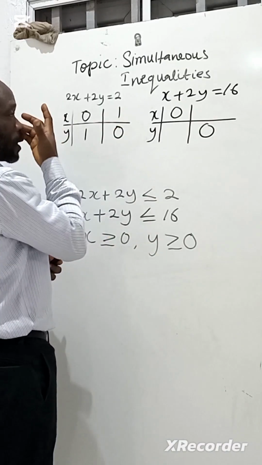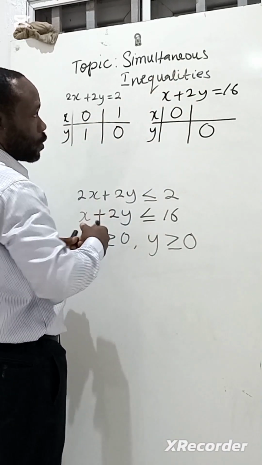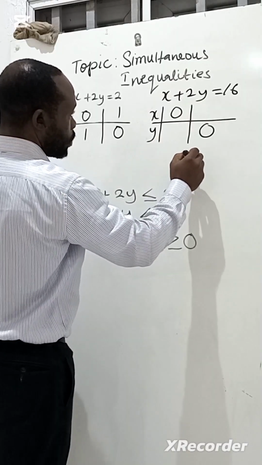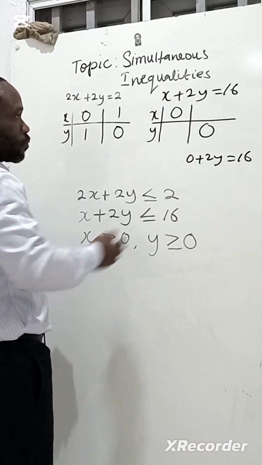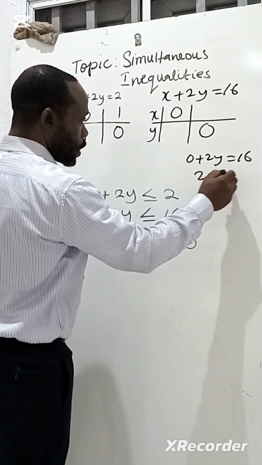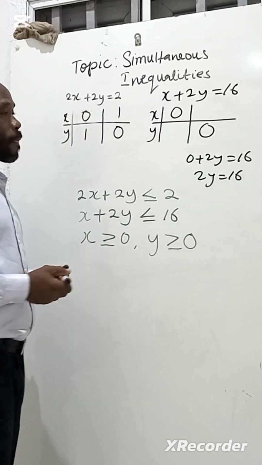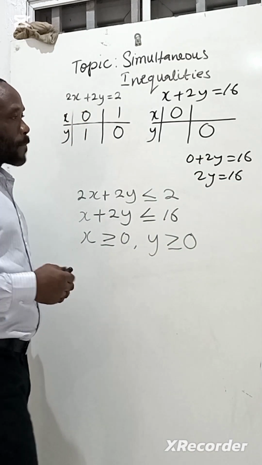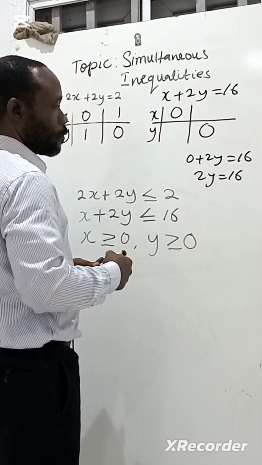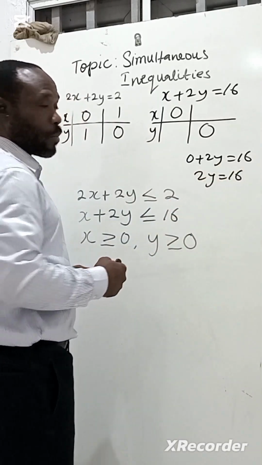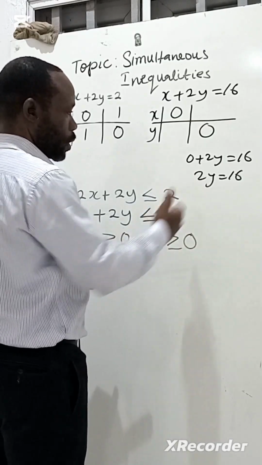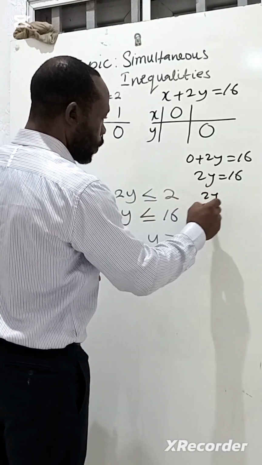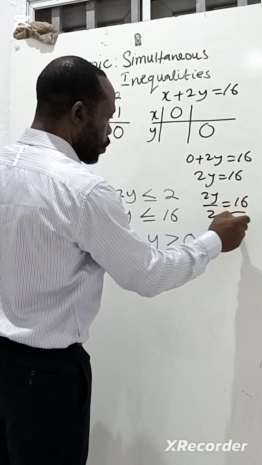So when x is equal to 0, the equation will become 0 plus 2y equals 16. This is the same thing as 2y is equal to 16. Now, to get the value of y, I'll divide both sides of the equation by 2 to eliminate this 2.